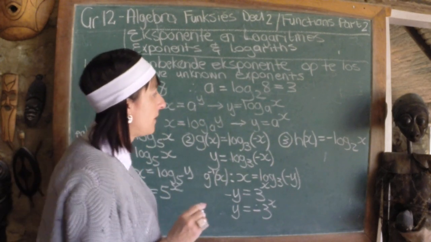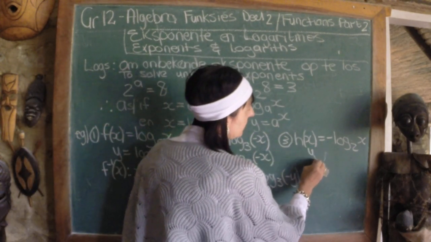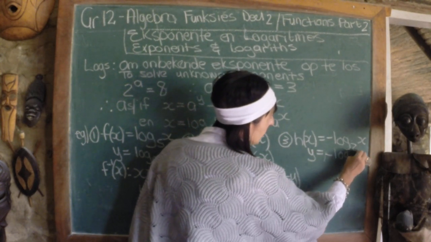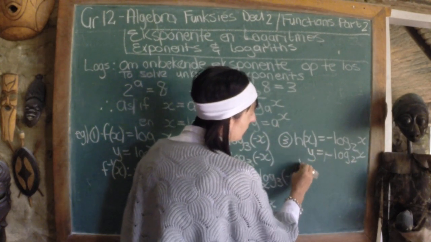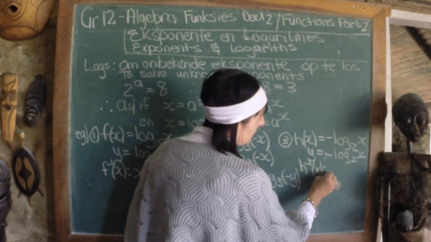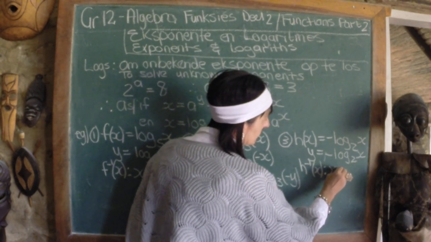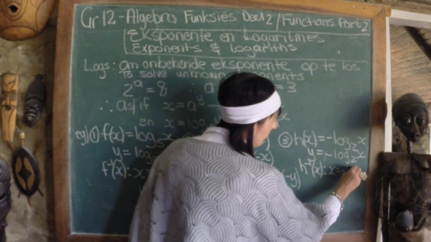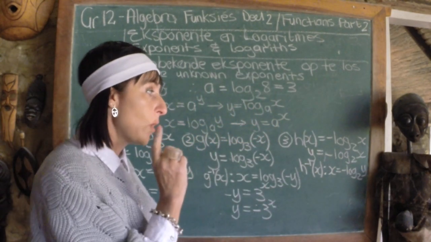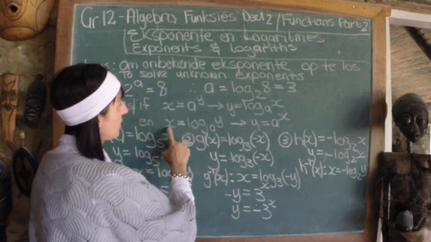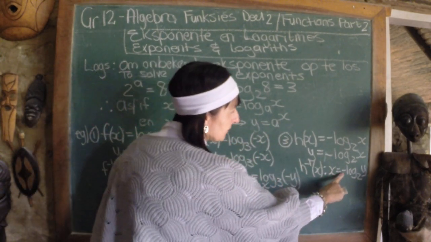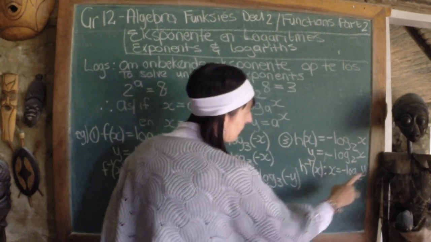Last one, hx, then write it again as y is equal to minus log 2x. I'm going to get an inverse function. Okay, I'm swapping my x and my y. And now, before I rewrite it from a log to a normal function, I'm going to make sure that the minus is not near my y.